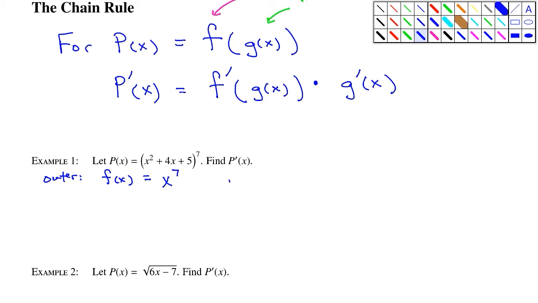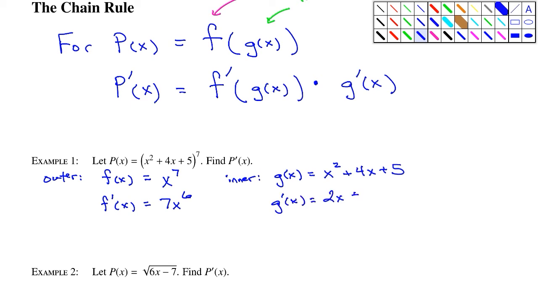The inner function is what you are raising to the 7th power, and that would be x squared plus 4x plus 5. And then we need the derivatives of these. So the derivative of x to the 7th is 7x to the 6th, and the derivative of the inner function is 2x plus 4.